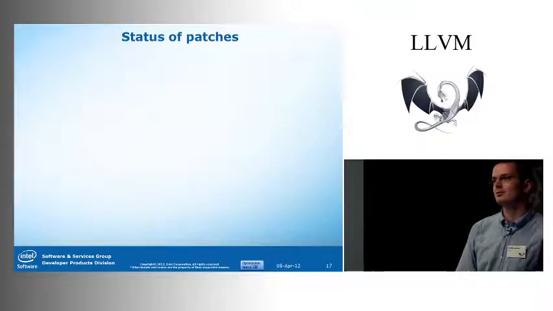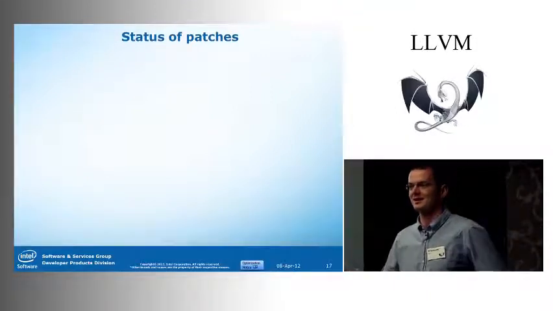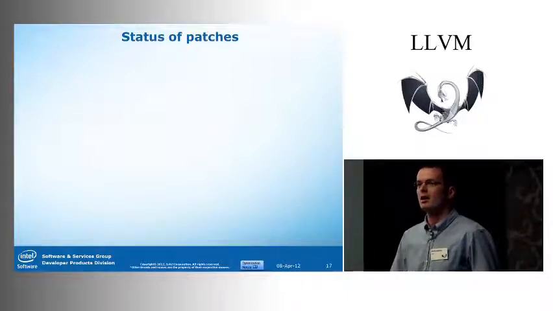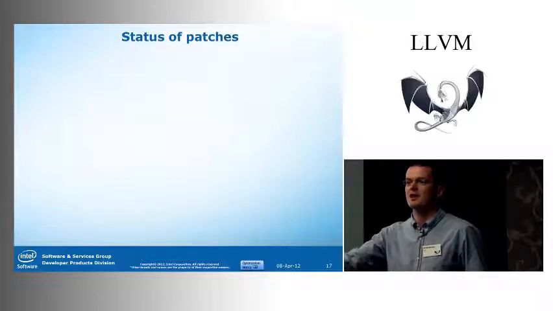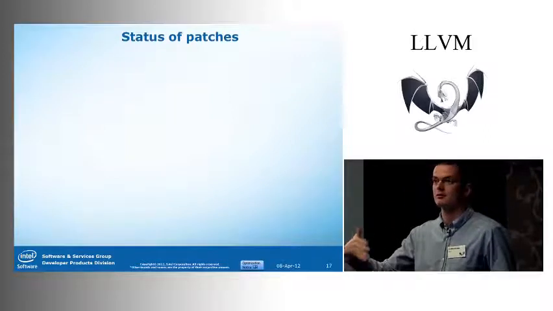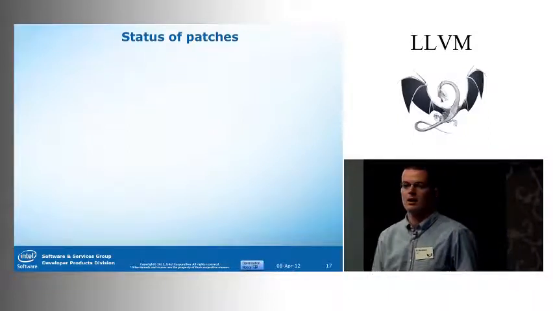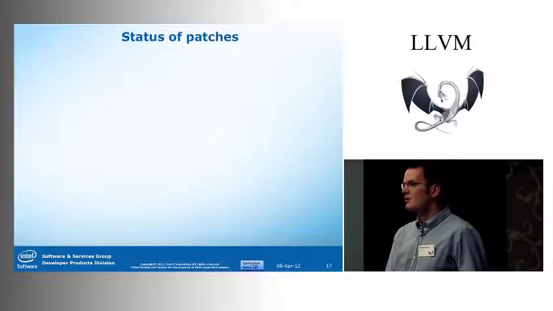All right, so I initially planned to fill this slide, but it proved to be impossible because it's in constant flow. Just tonight, another step of this was approved, passed review, and I will commit it when I get back. So the status right now is the following.